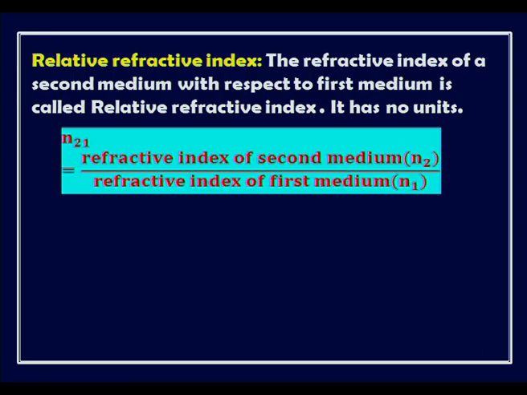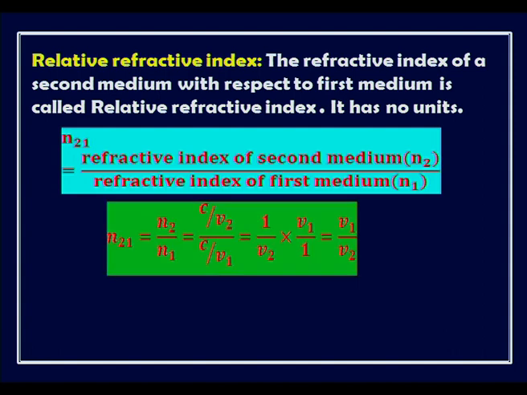Eta 21 is read as the refractive index of the second medium with respect to the first medium.